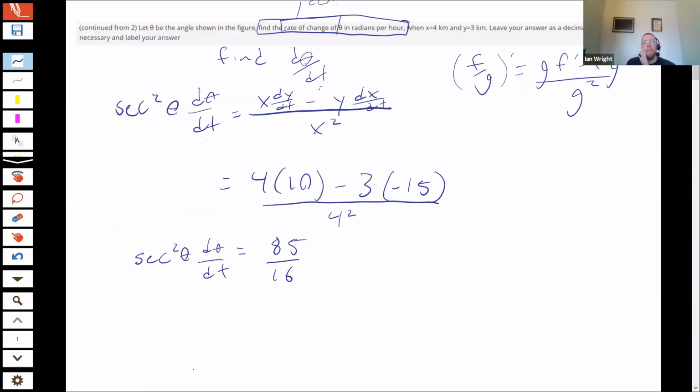Okay. Now we're to the hard part. So we need to figure out what theta is, or we need to figure out what secant squared theta is. And this is where it's a little bit different from the Delta Math ones. Where might we go here to figure out what secant squared is? Remember, secant of x is 1 over cosine of x.